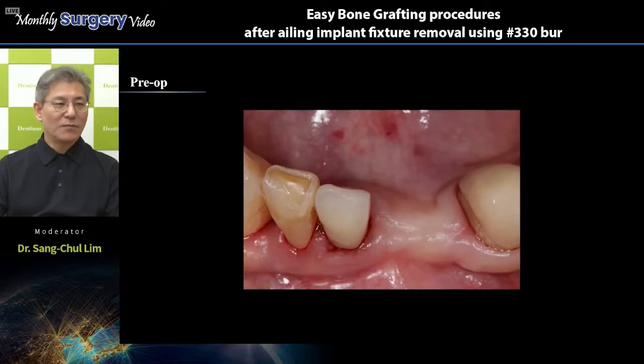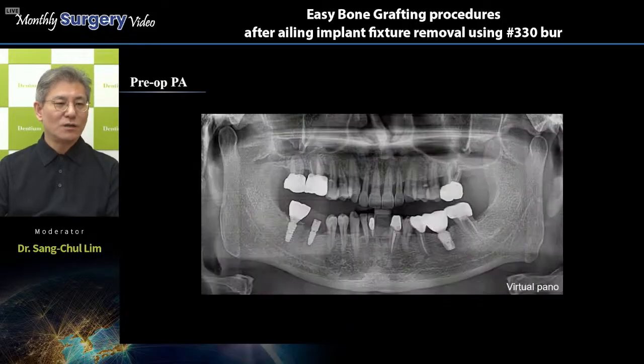These photos show the pre-op situation of our patient's oral cavity, and the remaining teeth were number 41, 42. So extract all of these teeth and then put in the implantation, as you know.